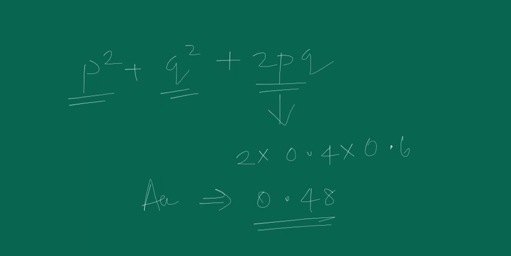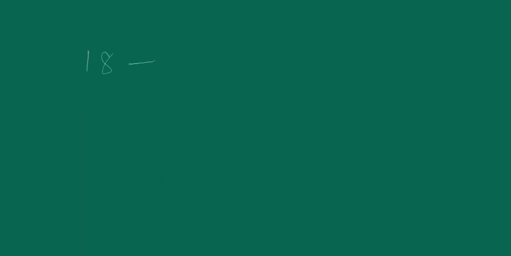So see, once again read the question. Every time I need to come back to the page. Yeah, purple is capital P, white is small p. 18 plants with white flowers, 142 plants with purple flowers.